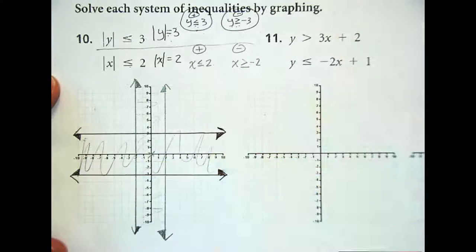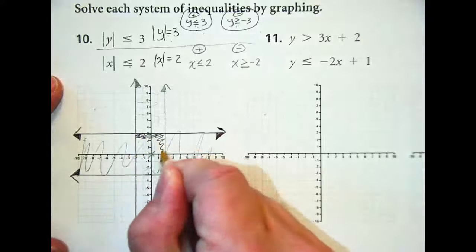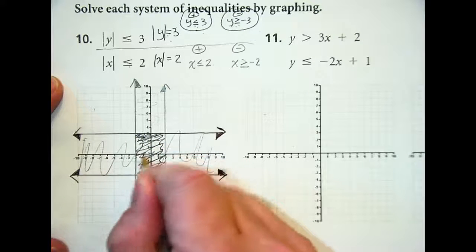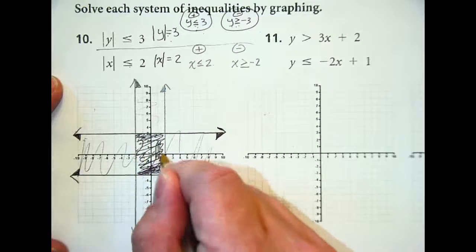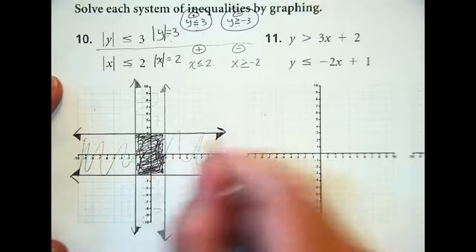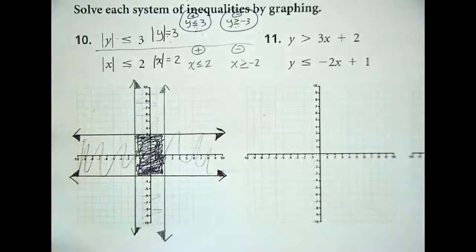The overlap between them is this part right here. Okay, so that's the piece that we need darkened in. Any point in that portion is a solution to both of these inequalities. Questions there?